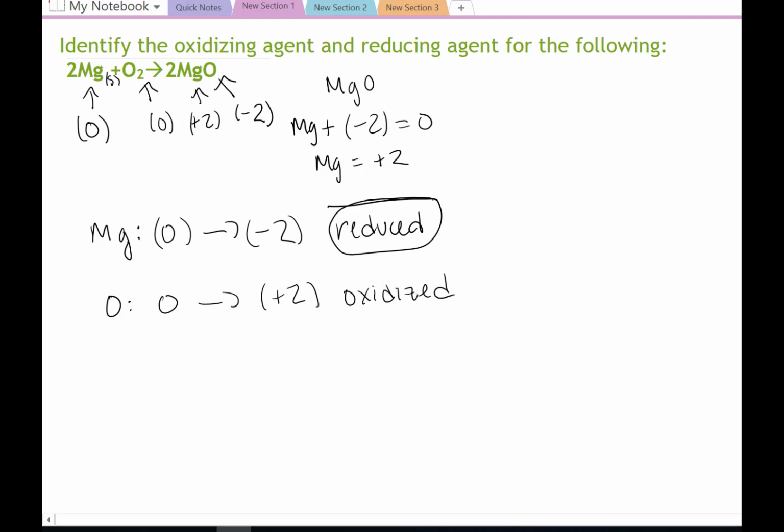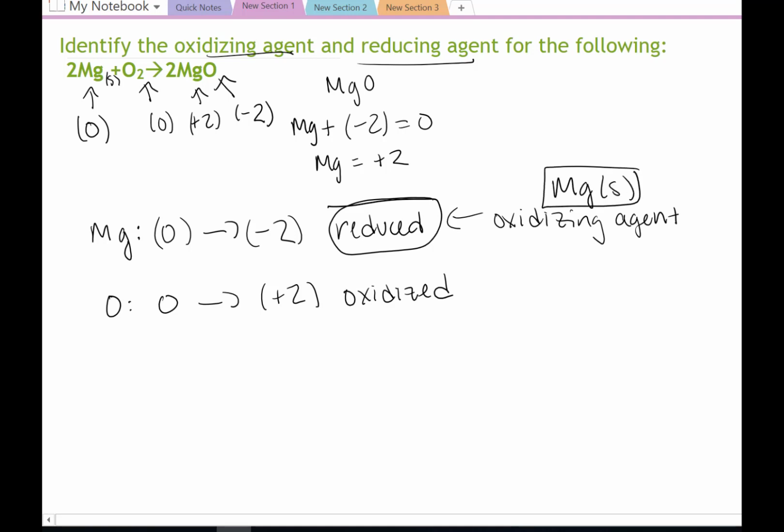So when we look for the oxidizing agent and reducing agent, the oxygen is being reduced, so therefore it's the oxidizing agent, O2.